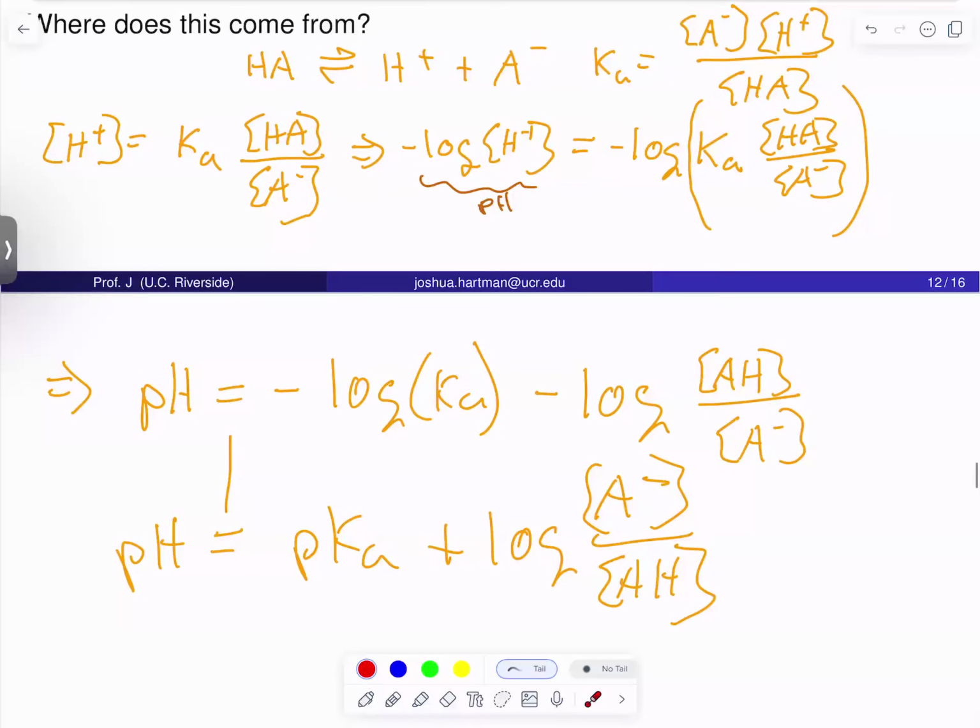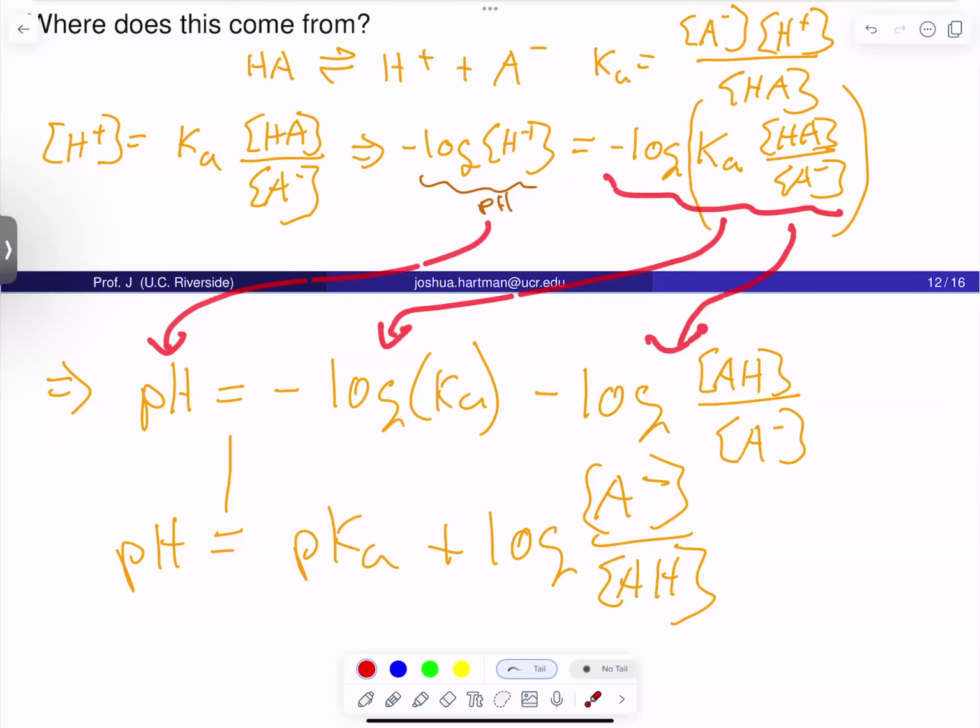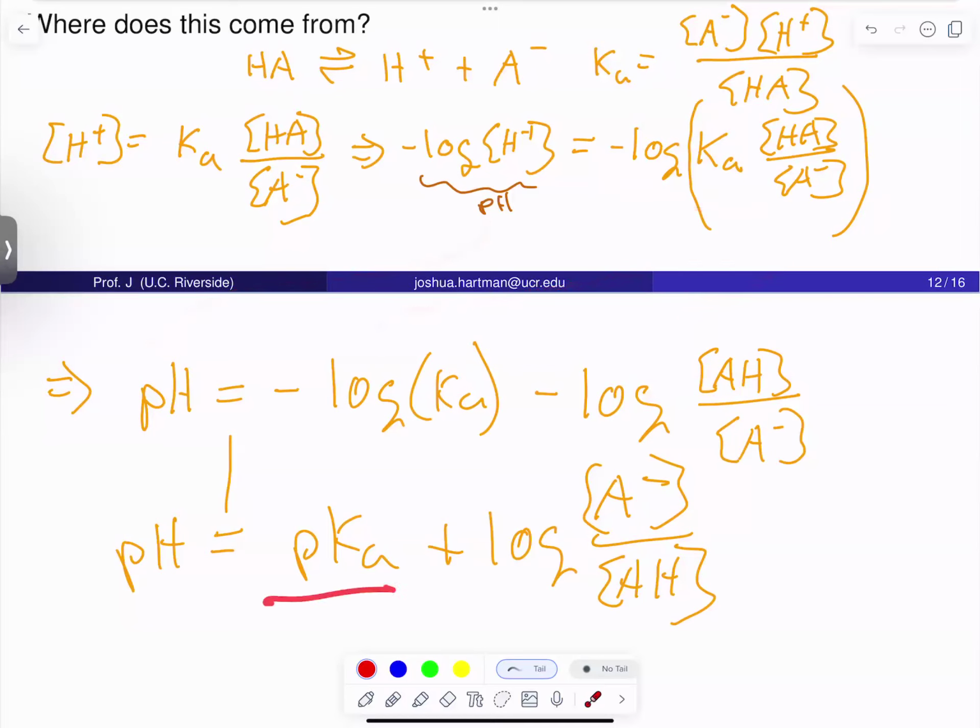So to see that in detail here, we're going to take our pH. We're going to break out that logarithm, minus log of the Ka, minus log of HA over A minus. Plug in our definition for pKa, flip this ratio, and get a positive sign there.